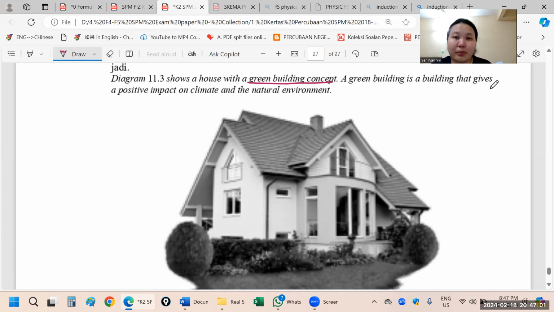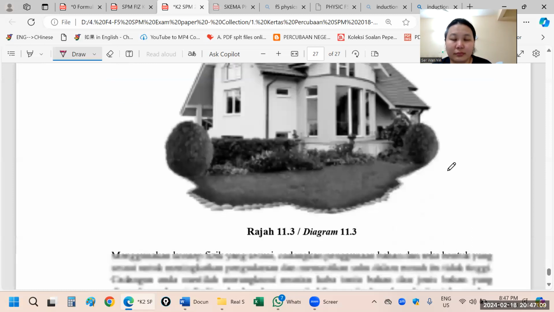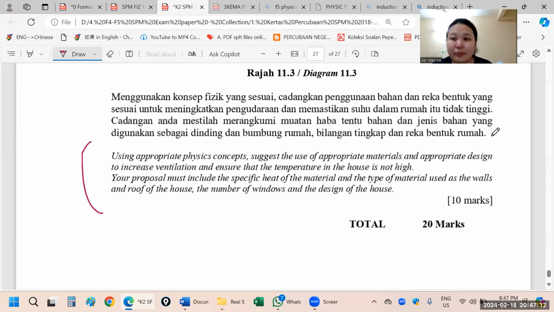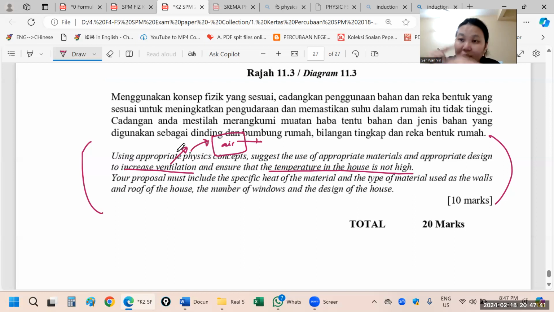This green building is built to have a positive impact on climate and the natural environment, using appropriate physics concepts such as appropriate material and appropriate design to increase ventilation and ensure the temperature in the house is not high. Increased ventilation means you want the air to be exchanged more.